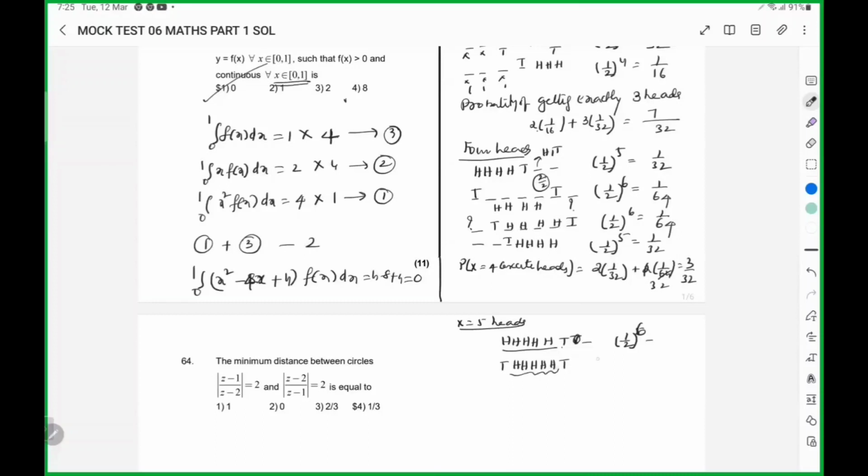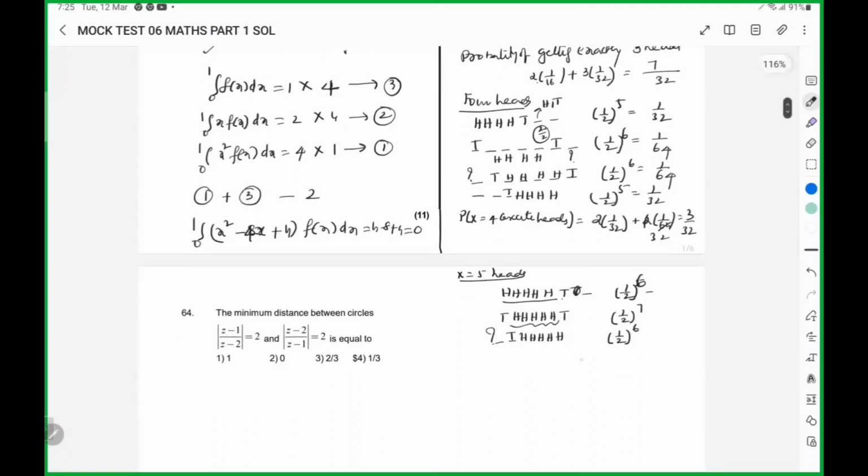Then exactly 5 heads. So it is half power 7. So the next case will be third, fourth, fifth, sixth, seventh. Here it must be tail, here it can be anything. Half power 6. Adding this, 1 by 64 two times, that is 1 by 32 plus 1 by 128, so 5 by 128.